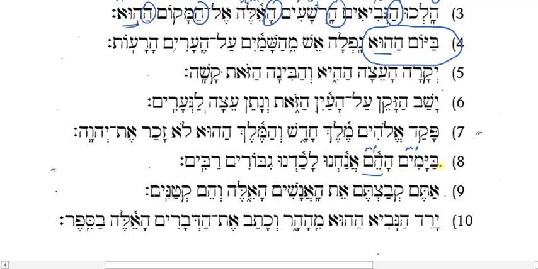In those days. Anachnu, what does that mean? We. In those days, we lakachnu, we captured. And now I have gibborim rabbim. My adjective goes after the noun. It agrees in gender, number, definiteness. So it's many warriors. We captured many warriors. All right.